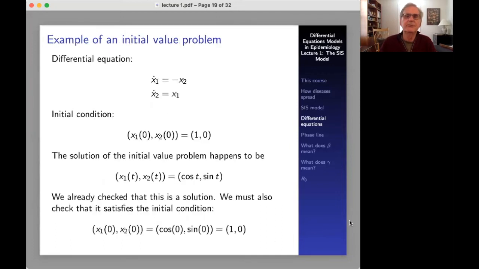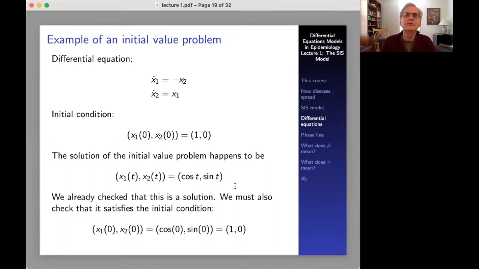So for example, for this differential equation we just wrote down, suppose we had the initial condition x1, x2 at time 0 is the point 1, 0. Again, you may not know how to find the solution of that initial value problem, but if I tell you what it is, you can certainly check that it's right. The solution happens to be our old friend, x1 of t, x2 of t is cosine t, sine t.